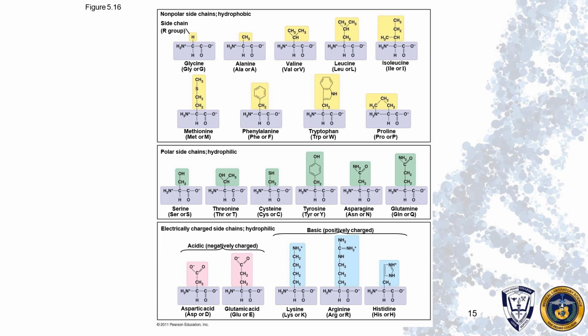For the polar side chains, we have serine, threonine, cysteine, tyrosine, asparagine, and glutamine. Then the electrically charged side chains are aspartate or aspartic acid, glutamic acid, lysine, arginine, and histidine.